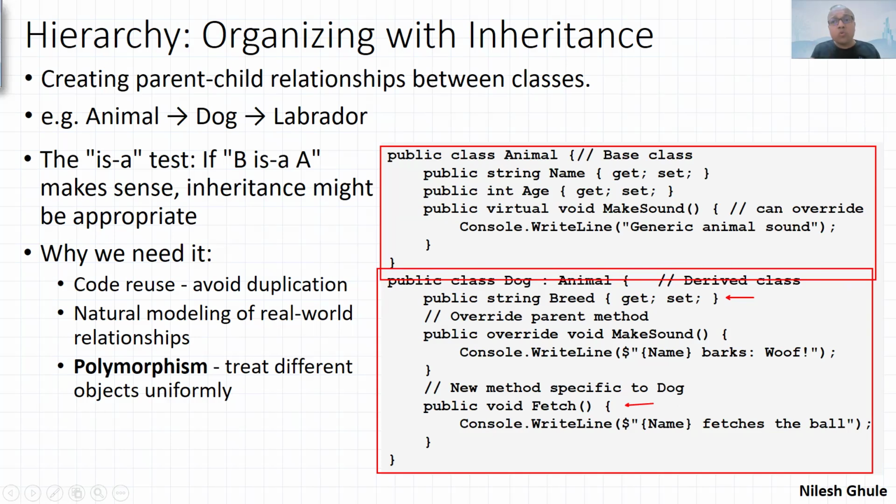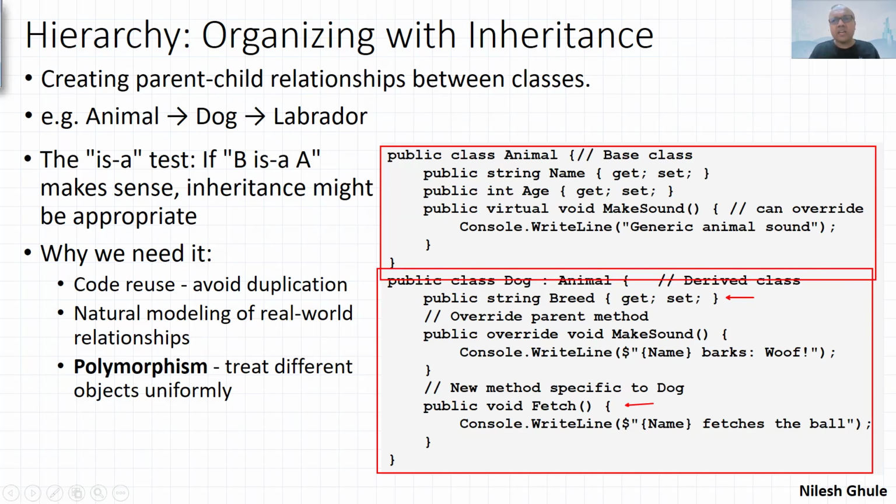But now you understand that certain functionality which was given in the parent class, the base class, you can also override. You can modify that functionality for the derived class. That is typically done by redefining the method in the derived class.